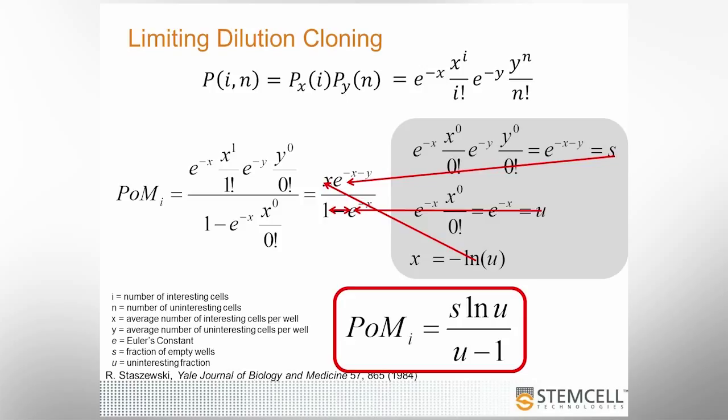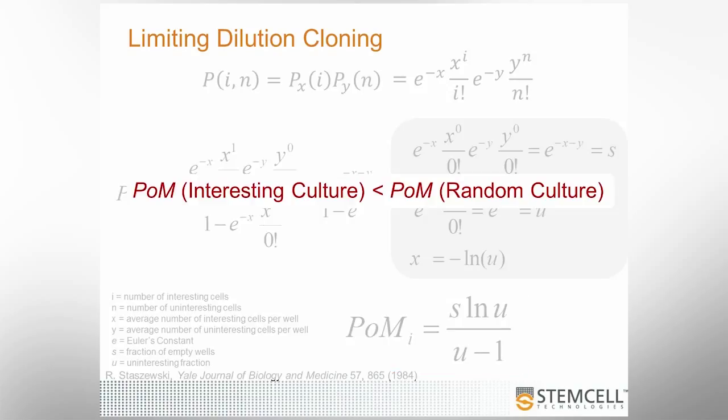And this is the equation for the probability of monoclonality for an interesting culture in terms of the uninteresting fraction, or the fraction of wells that we're not choosing to carry forward, and the fraction of empty wells. So again, you can take a look at that video tutorial if you want to see the derivation of these equations in more detail, but the take-home message for this section is that the probability of monoclonality for an interesting culture is always going to be less than the probability of monoclonality for any random culture.